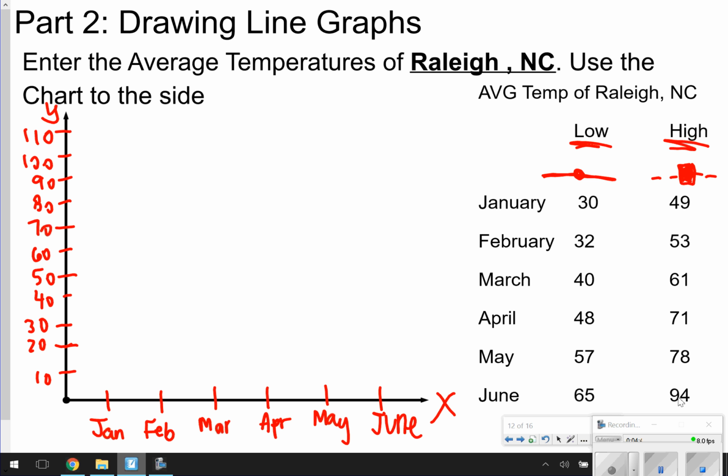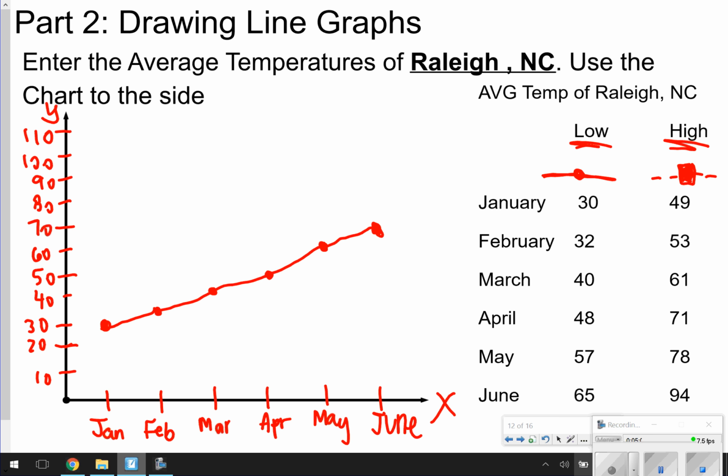I'm going to go ahead and record all the low temperatures and the high temperatures. Here are all the low temperatures recorded. Notice how I recorded each of the low temperatures using a solid line and a dot for each of the place values.